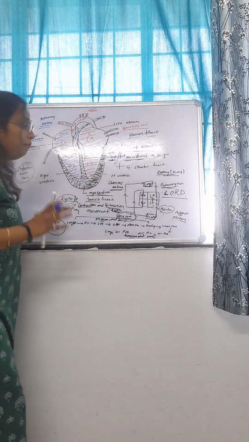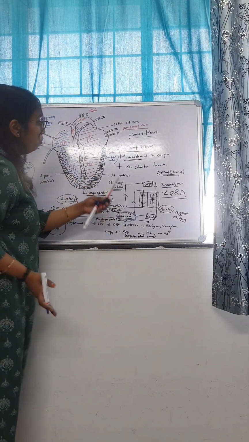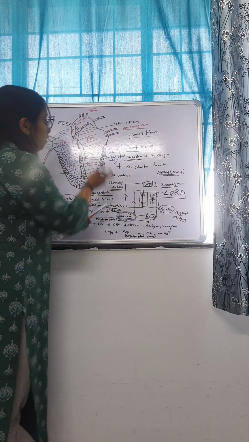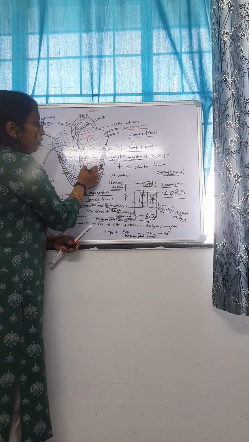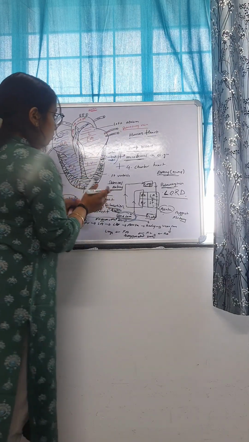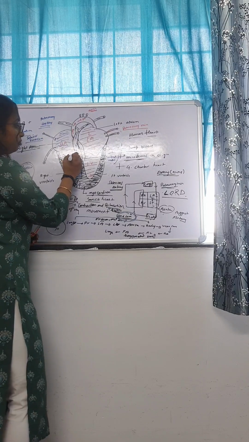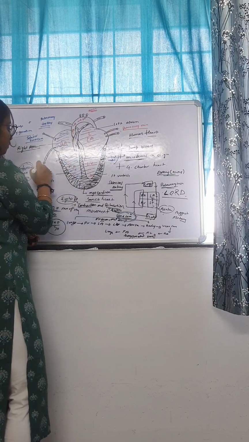The valve will prevent the backflow of blood. It will not allow the blood from the ventricles to go back into the atrium. Whenever the blood comes from atrium to ventricles, it will create pressure which shuts this door. This is the bicuspid valve. And similarly here, there is the tricuspid valve.